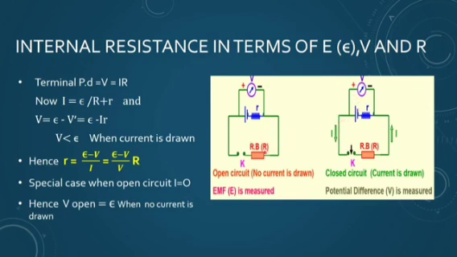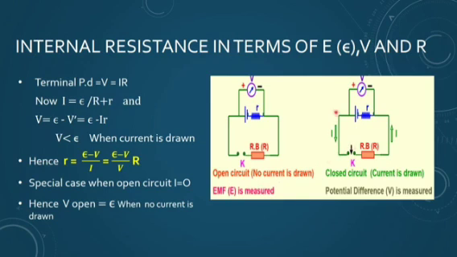Of course, external resistance, whenever we will be giving in the lab, we can use the resistance box to provide the external resistance. And this is the symbol for the cell. When no key is inserted, the circuit is open circuit, no current is drawn. Then whatever the voltmeter will measure, that is equal to the EMF.